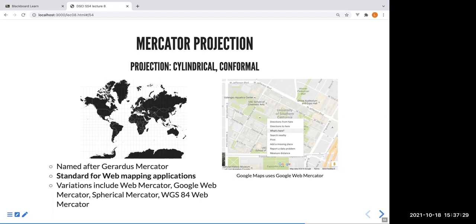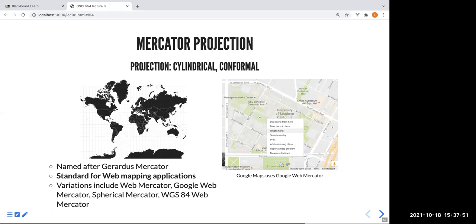And so here you see that again, the land masses are not at scale with one another. So for local application, this is good. And that's why this is the standard for the web, because when you're looking at your country, you have a map that you can use to move around.